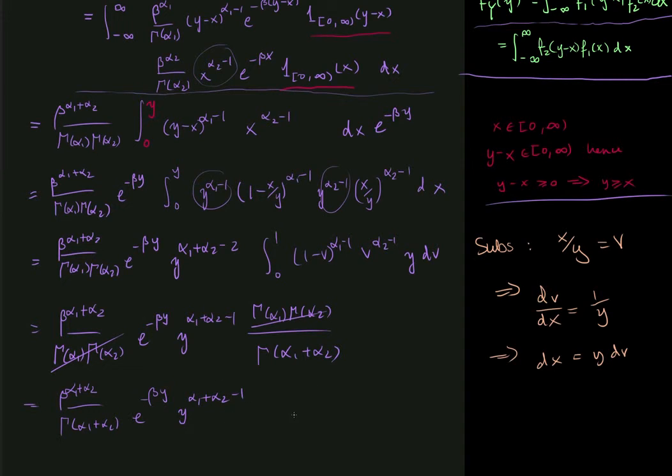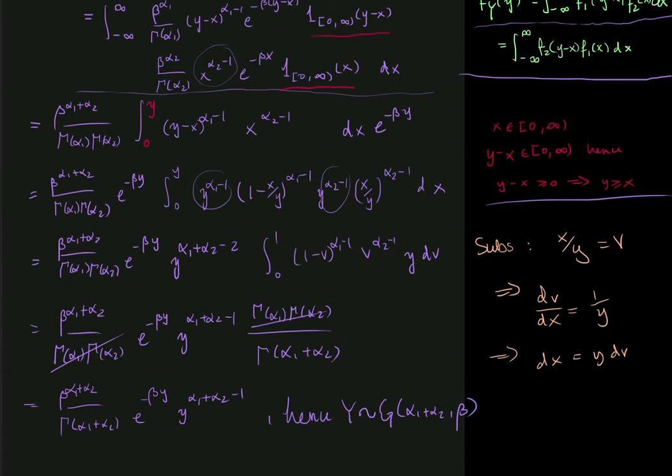And this is the gamma density in the case where the first parameter is alpha 1 plus alpha 2, and the second parameter is beta. So hence, we recognize that y is gamma distributed with parameters alpha 1 plus alpha 2 and beta.